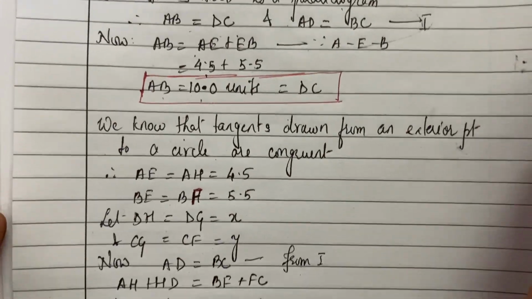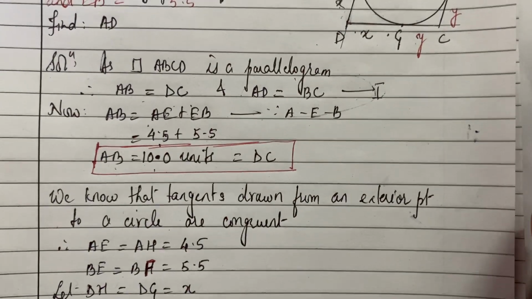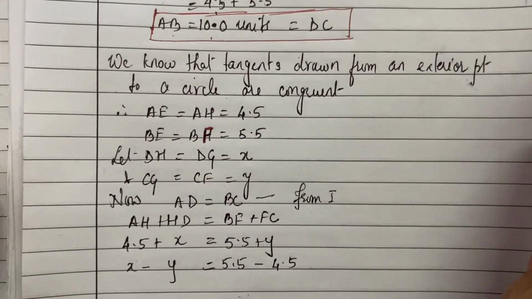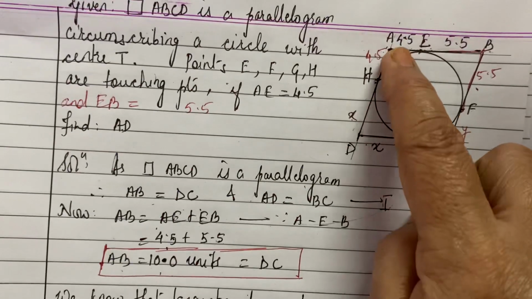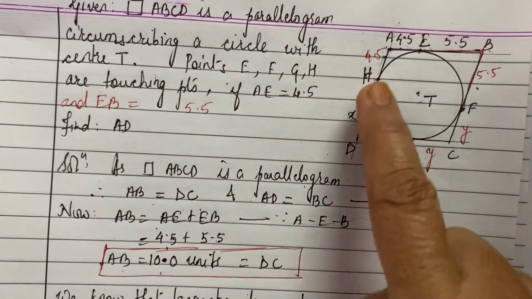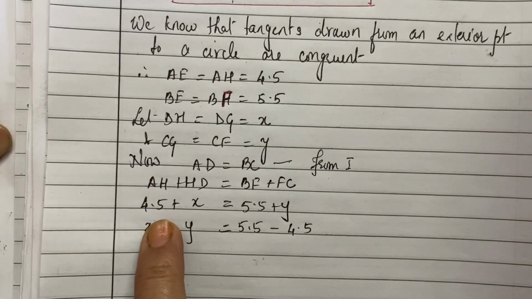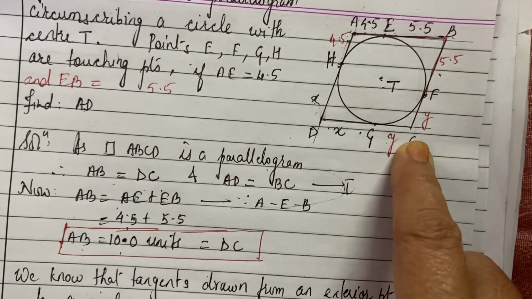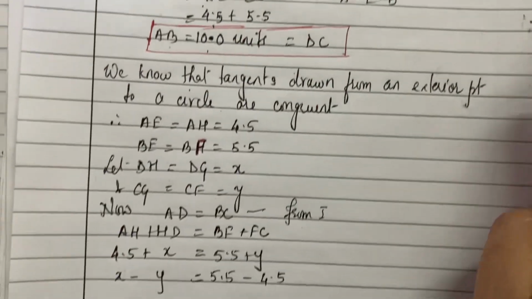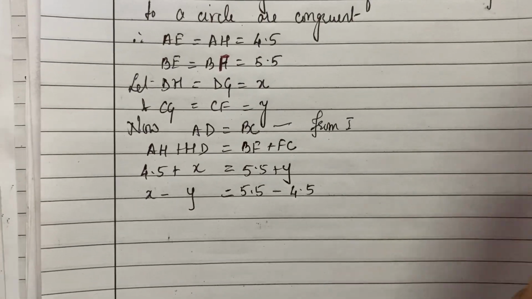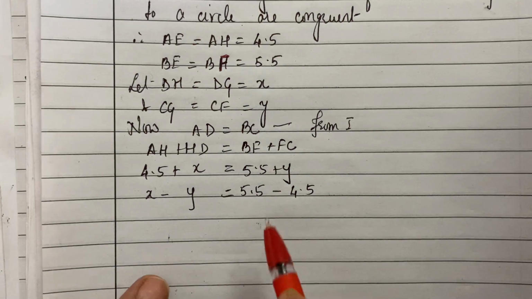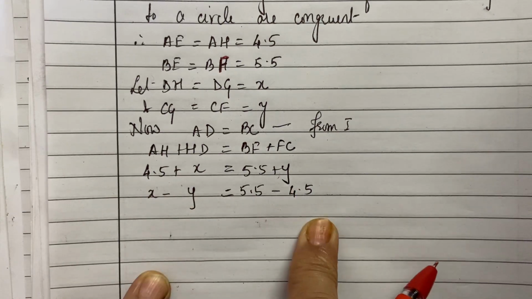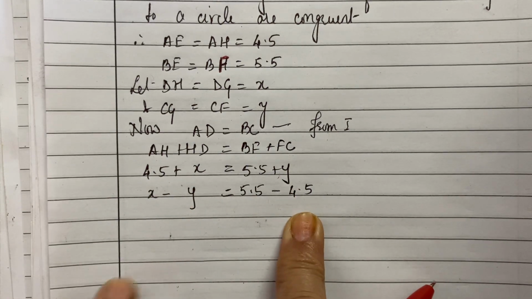Fine. Now we come to opposite sides of a parallelogram, that is AD is equal to BC. Now if AD is equal to BC, then AD will be AH plus HD, so 4.5 plus X. We have written here 4.5 plus X. If you go for BC, BC is BF plus FC, 5.5 plus Y. So we have written that as 5.5 plus Y. Now I have transferred this Y to the left hand side, so it becomes X minus Y, and 4.5 to the right hand side, so it will become 5.5 minus 4.5.